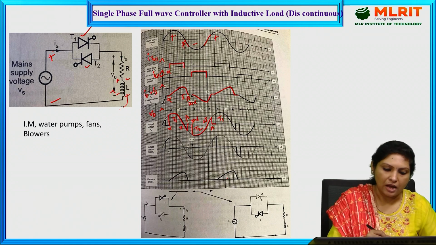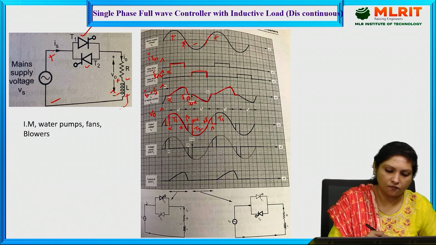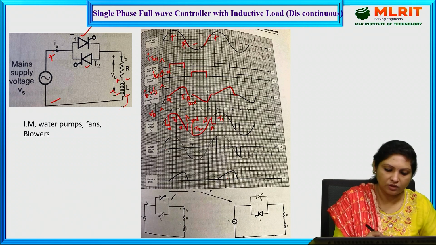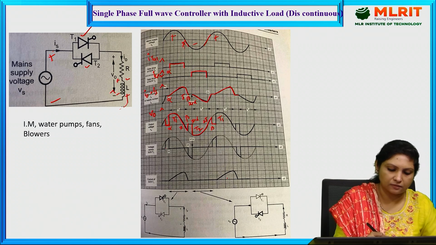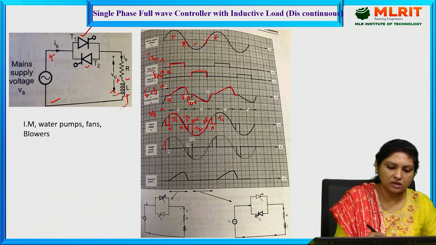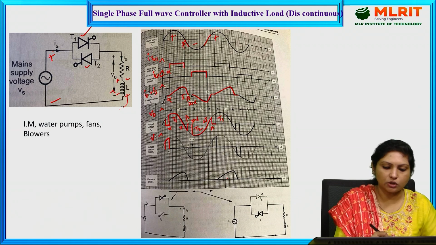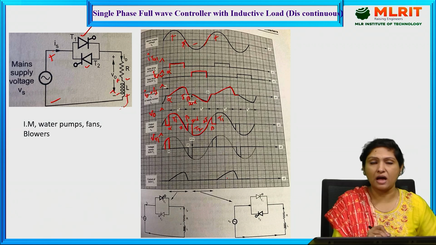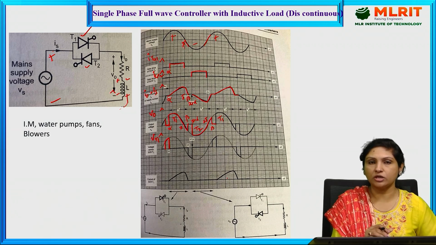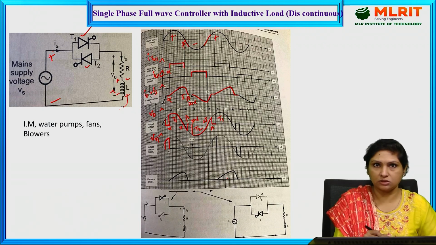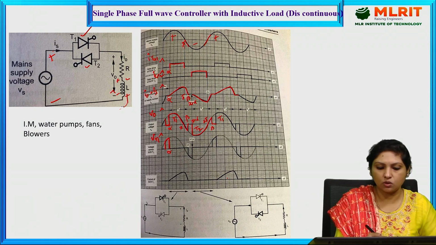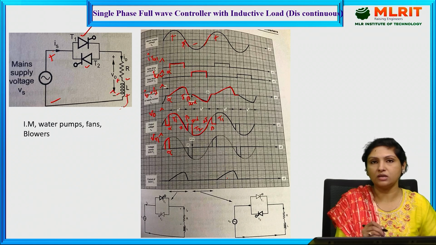So here, as long as the thyristor is off, from this instant to this instant, the voltage appears across the device. And this is nothing but the voltage across thyristor 1. As long as it is off, the voltage across the device appears. And once the device is turned on, at this instant alpha, our thyristor 1 is triggered.